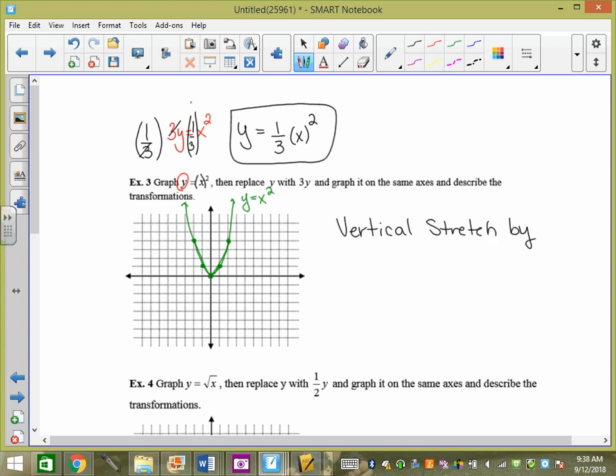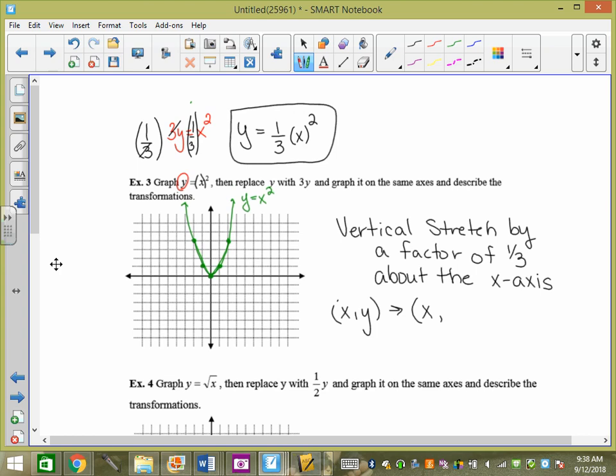by a factor of 1/3 about the what? What's my mapping? x, y becomes x, comma.